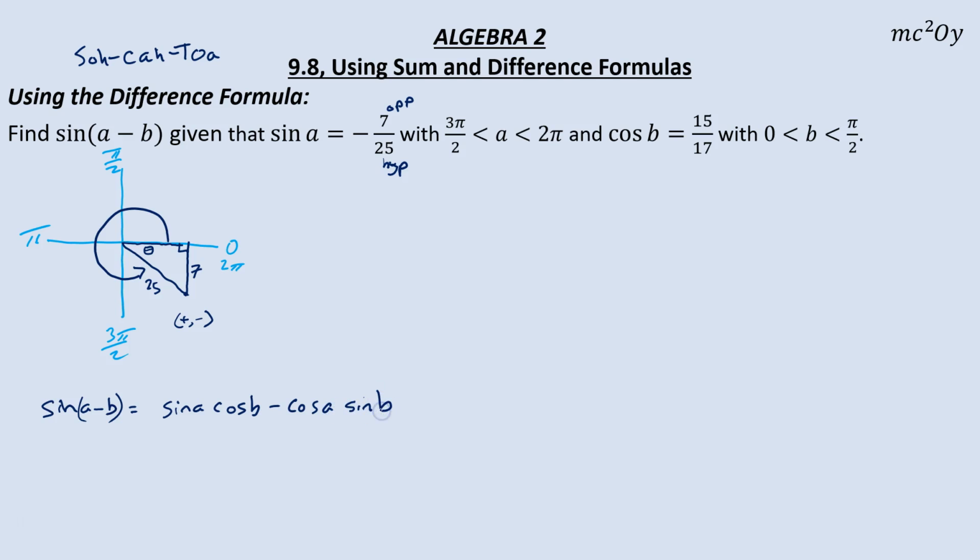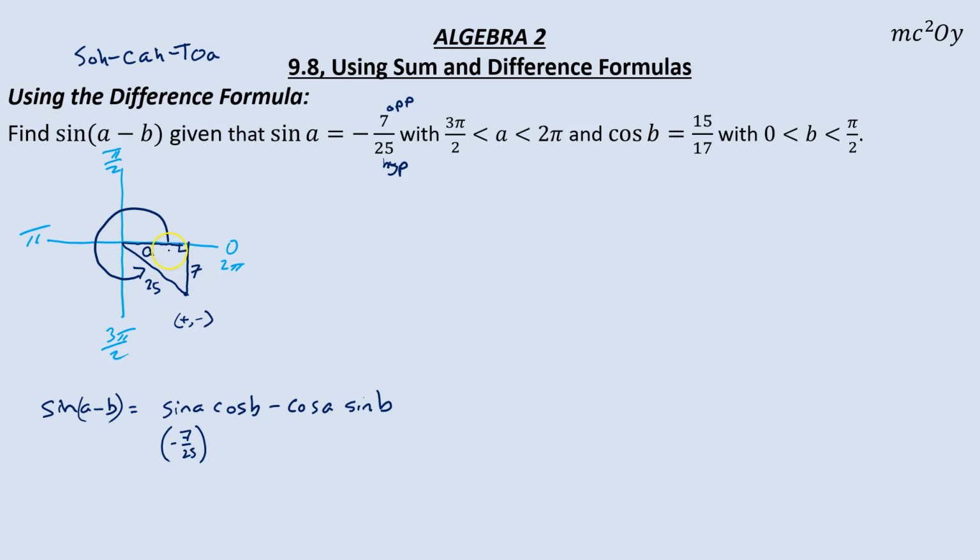Here's what we know. We know sine A, right? So this piece of it, we know it's negative 7/25. In terms of A, we also need cos A, right? So here's our angle A. We need cosine of A. The way we find that is adjacent over hypotenuse. The adjacent side here, this is a right triangle.